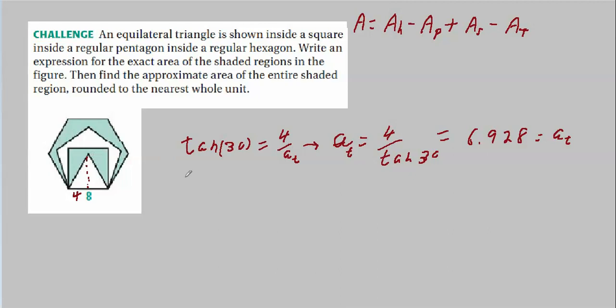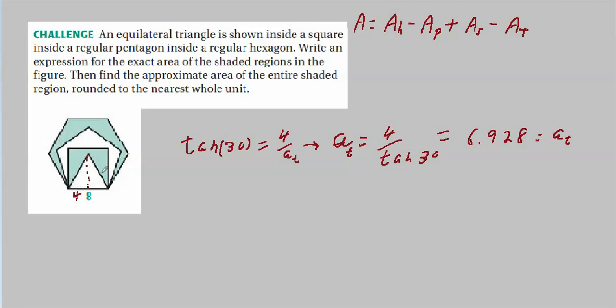Well, A for the square we don't need. We already know it's 8 squared. And maybe I should point out that each of these figures shares this one side, and they're all regular. This equilateral triangle, each side is equal to 8.